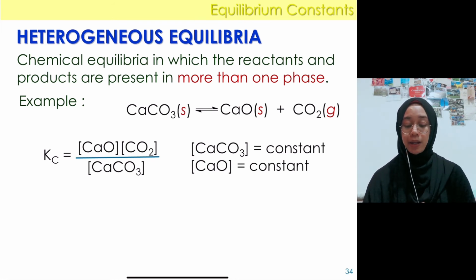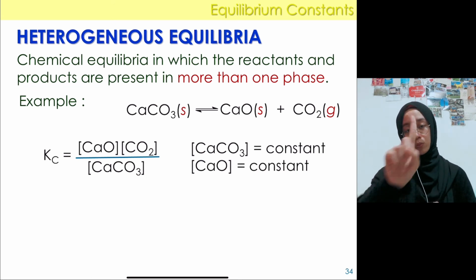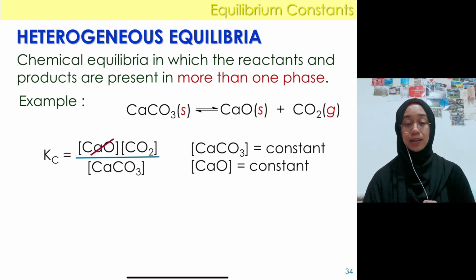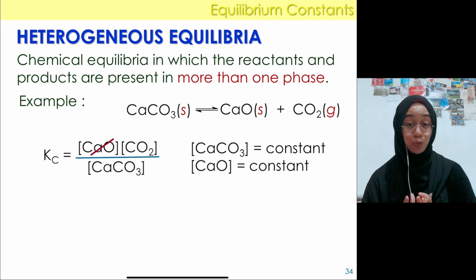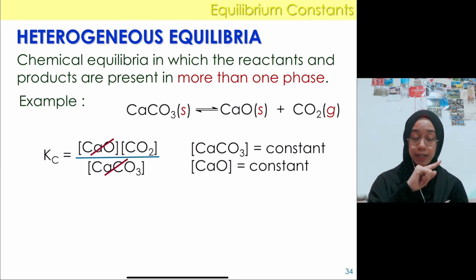Jadi it remain constant. So bila dia remain constant ni, bermaksud dia punya concentration sebenarnya adalah equals to 1. Okay, so concentration dia adalah equals to 1 sebenarnya. So that is why kat sini kita cancel off kan calcium oxide. Sebenarnya kat situ adalah equals to 1 sebenarnya. Okay, so sama juga dengan calcium carbonate kat bawah tu pun kita cancel off juga.